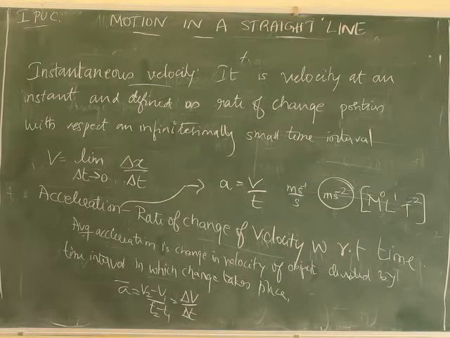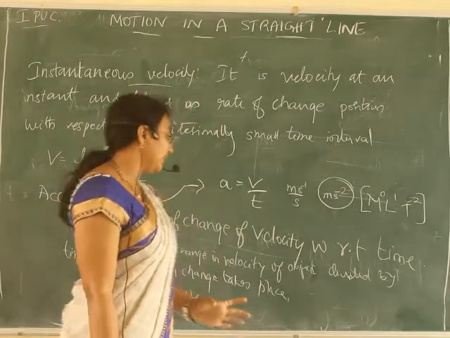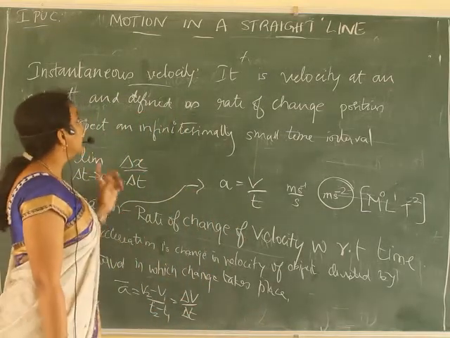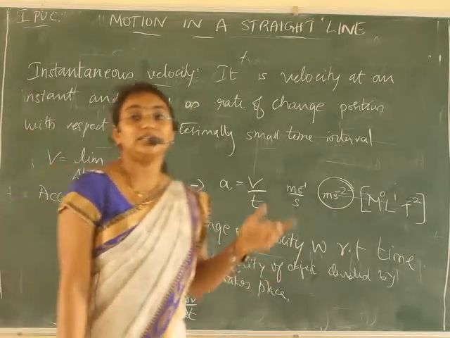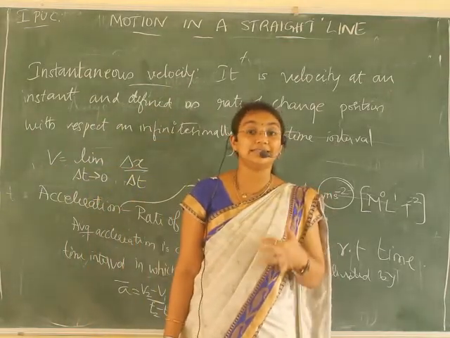So, what is instantaneous acceleration? Instantaneous acceleration is acceleration at that instant and is defined as the rate of change of velocity with respect to an infinitesimally small time interval. Just like instantaneous velocity, can you write your own definition for instantaneous acceleration?